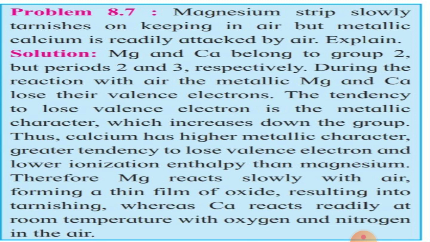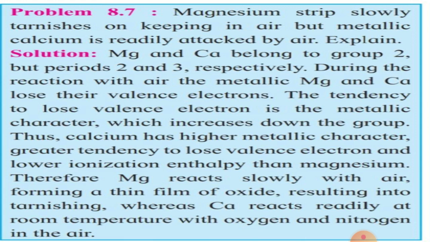We know magnesium and calcium both belong to group 2, that is the alkaline earth metals. Both belong to the same group, but their periods are different. Magnesium belongs to the third period while calcium belongs to the fourth period. During the reaction with air, the metallic magnesium and calcium lose their valence electrons.